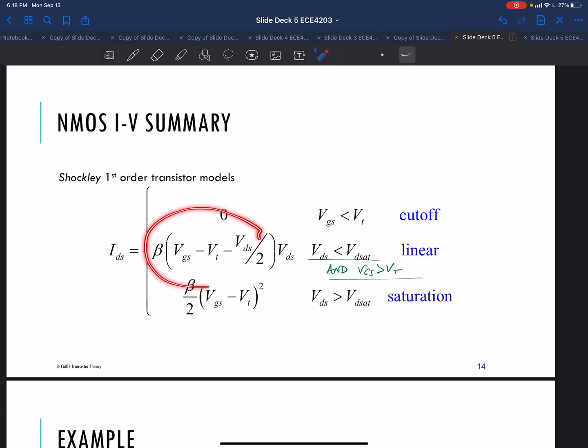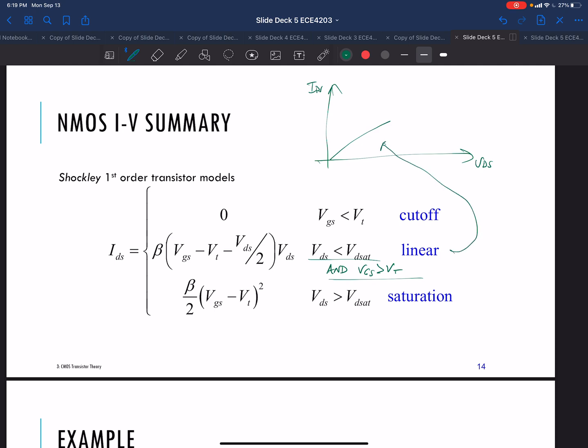We're in this linear model where we have this beta, which is mu Cox W over L. But then we still have this dependency on VDS. So it looks like a resistor: the higher the drain source voltage is, the higher the current. So let me just redraw this again. VDS, IDS. So it's sort of up here in this linear domain.